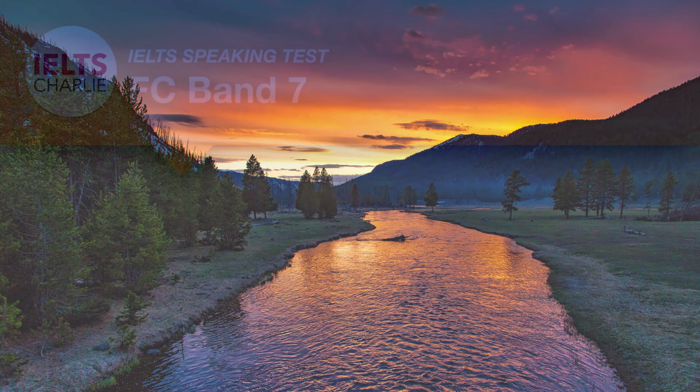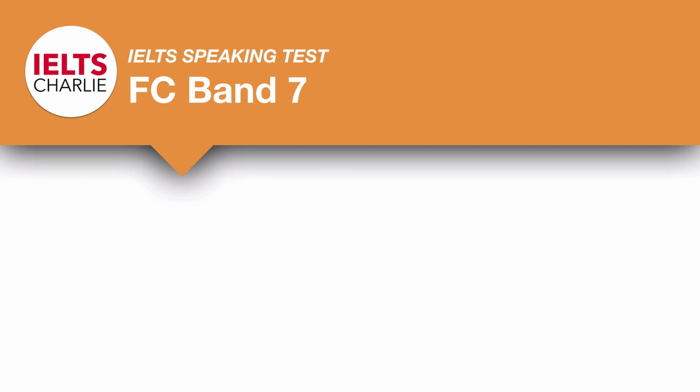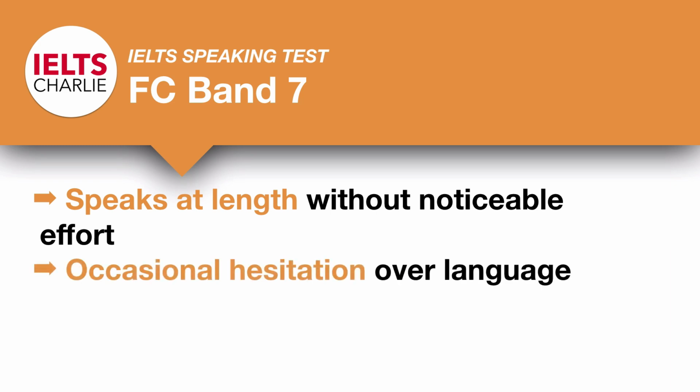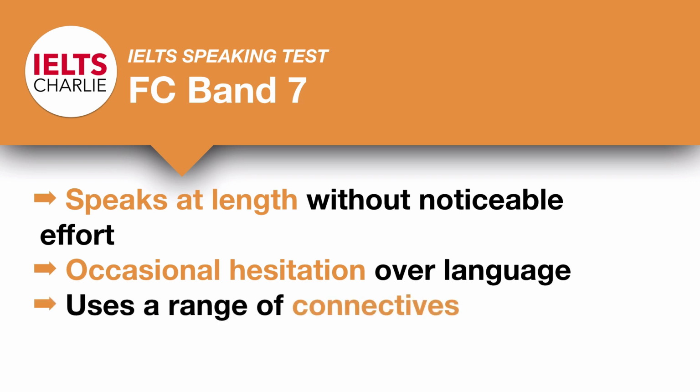Now, to get a band 7 for Fluency and Coherence, you need to speak at length without noticeable effort. You don't need to seem that you're trying to speak at length, but you can have the occasional hesitation over language, where you stop and you think about some language. So if you do that, that's okay for a band 7 still. And you should try to use a range of connectives, a range of linking words.